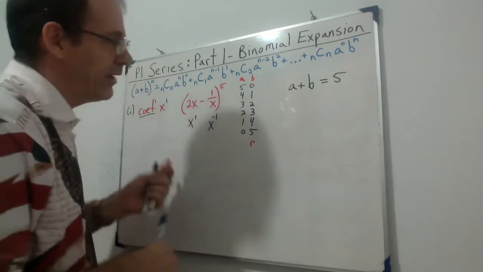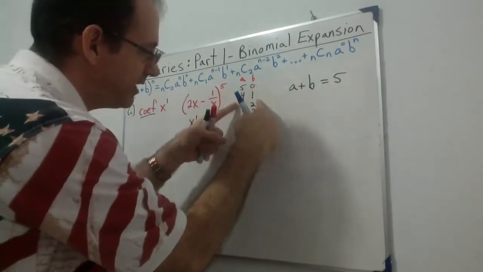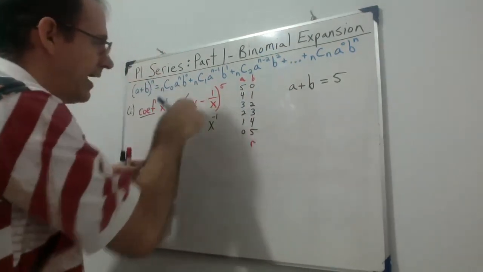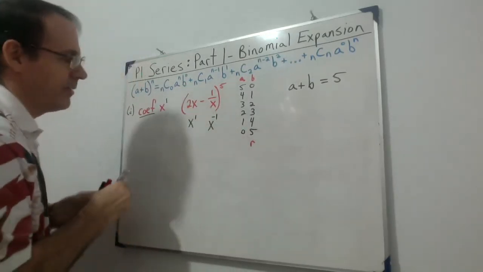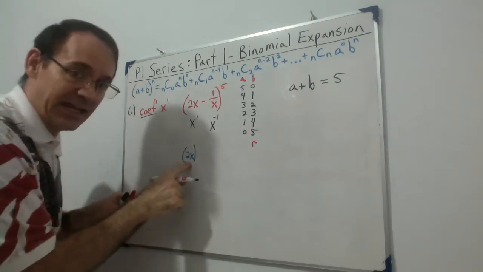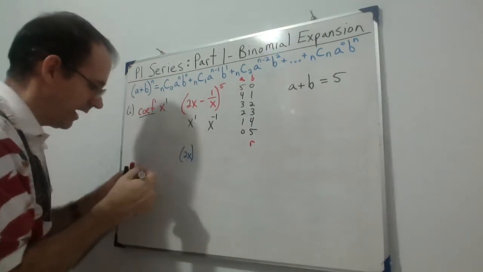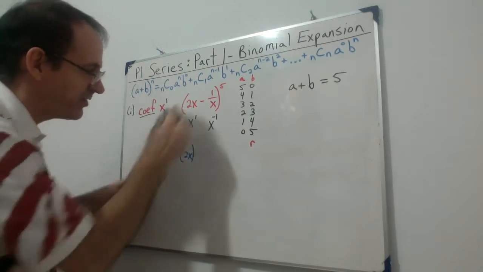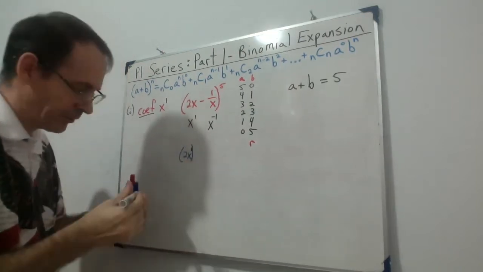So when we apply these exponents to our a and to our b, remember this 2x, that's the a term, and this x has a 1 exponent.